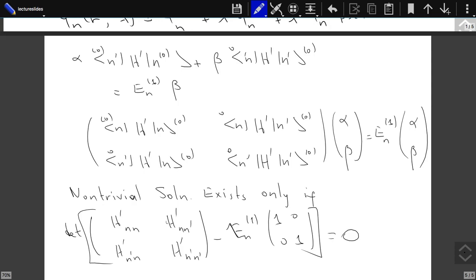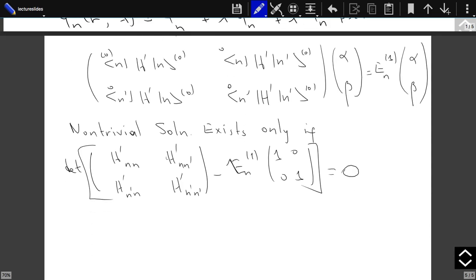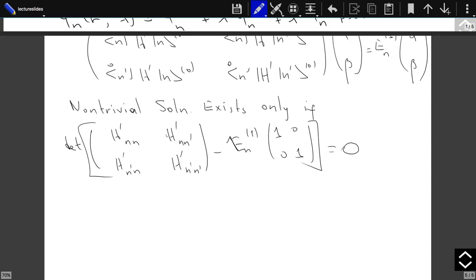Different states will receive different corrections to their energies, so they will not have the same energy anymore. They receive different corrections, but we add them and call it En1? No. En1 has two different possible values.